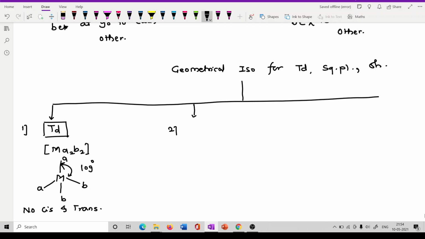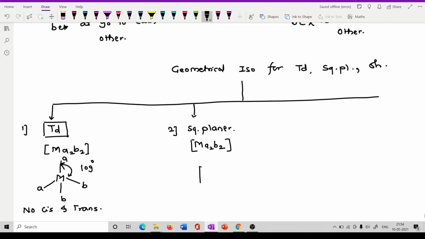Now the second class of compound is square planar complex. Take the example MA2B2, where A and B are monodentate ligands.